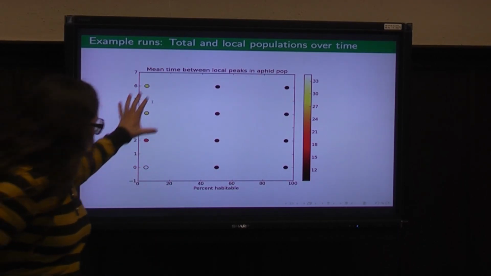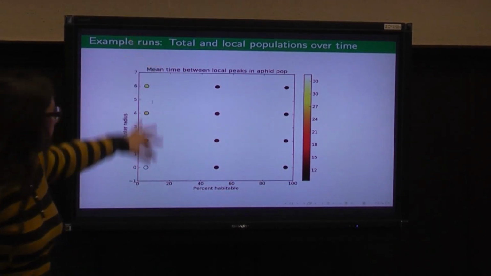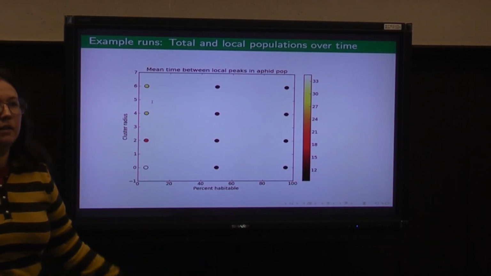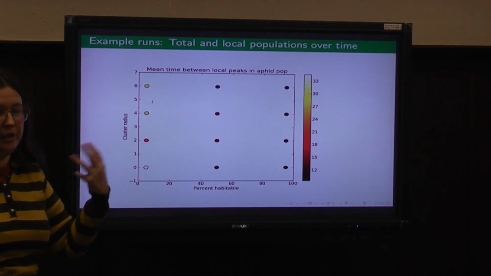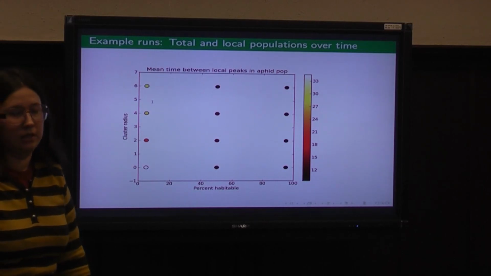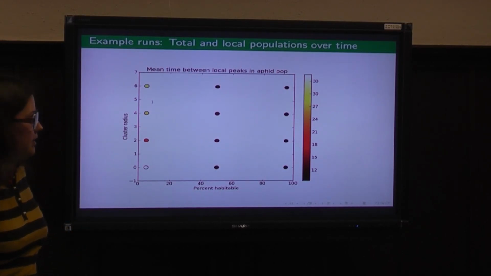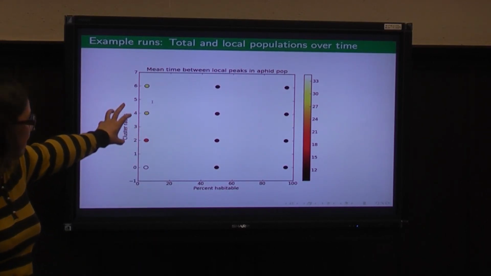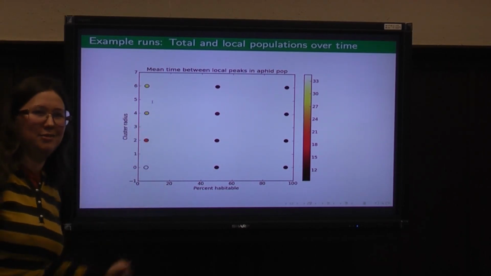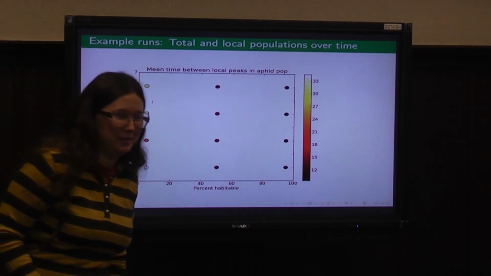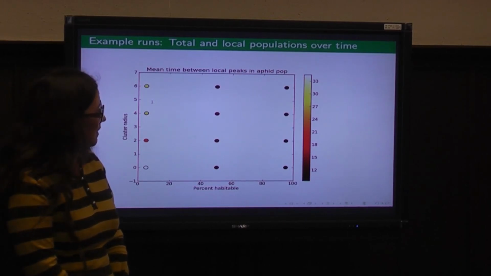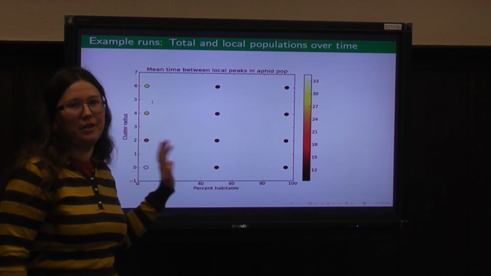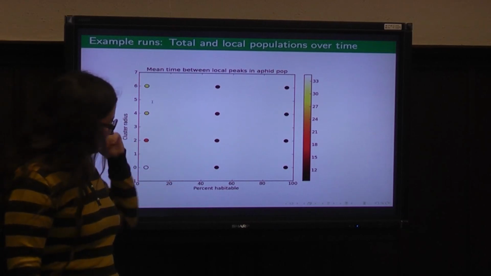The differences in mean time between peaks are a lot bigger than the variation within one run of mean time between peaks. So I think it's definitely worth looking into further. This stuff is a little hot off the press from this week, so we haven't had too much time to play with it.